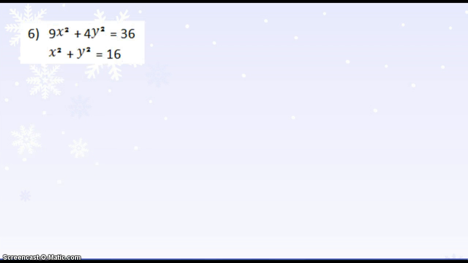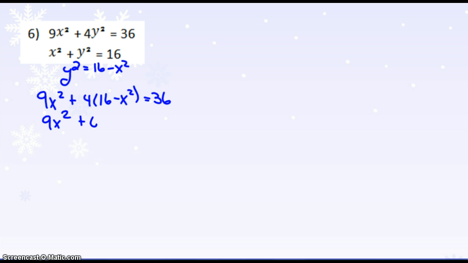Last one we're going to talk about here. This one, a lot of squareds. So I take the easiest one I can see and I say, okay, y squared equals 16 minus x squared. Plugging that into the other function, 9x squared plus 64 minus 4x squared equals 36.